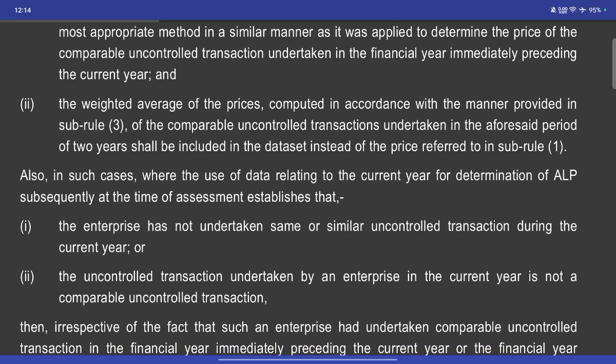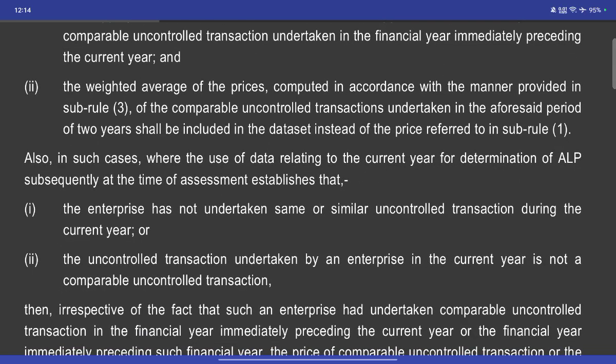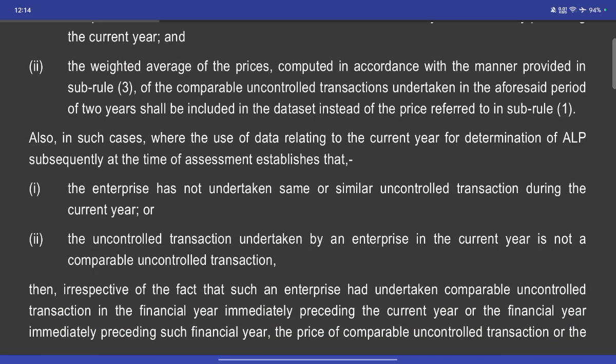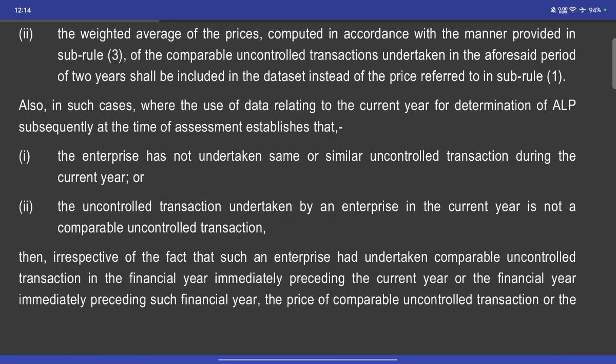The weighted average of the price computed in accordance with the manner provided by sub-rule 3 for the comparable uncontrolled transaction undertaken in the first period of 2 years shall be included in the data set instead of the price.